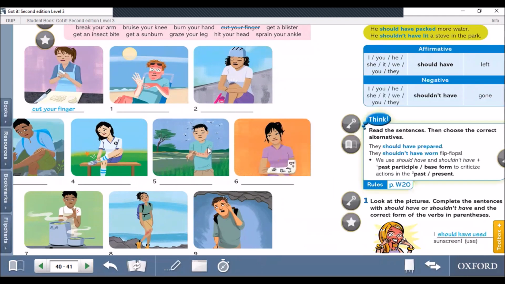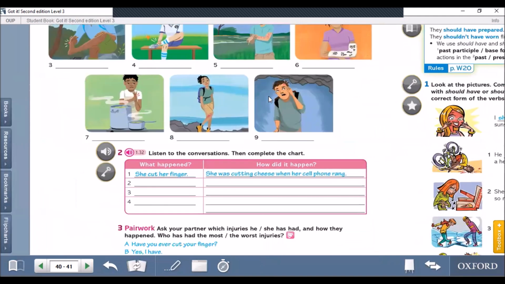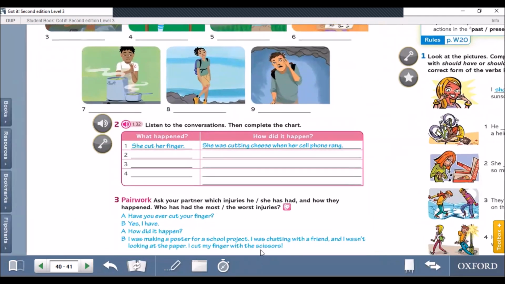All right. And the last thing you have to do is this activity number 2. You must listen to the conversations and then complete the chart. So you are going to listen to an audio. And in the audio, there are 4 people speaking, okay? You have 4 speakers.